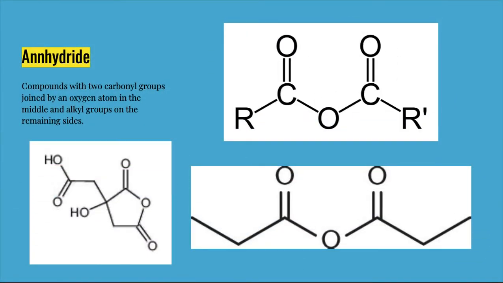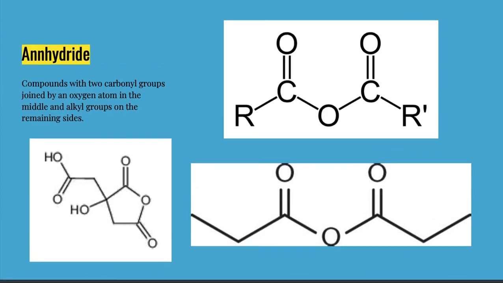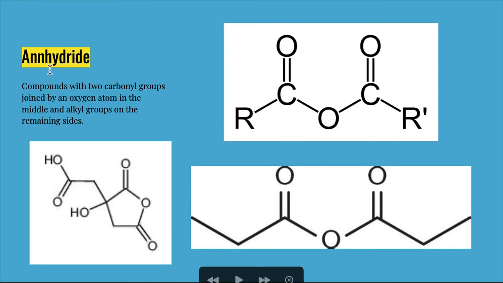So the next one, and the last one I believe, is an anhydride. An anhydride is a compound with two carbonyl groups joined by an oxygen atom in the middle and alkyl groups on the remaining sides. This is really the only functional group in the carbonyl classification that has two carbonyl groups.